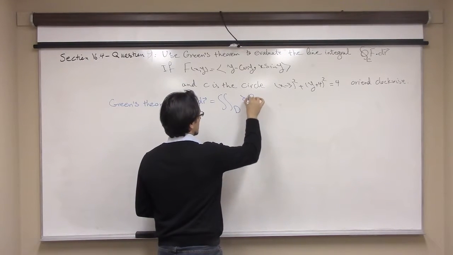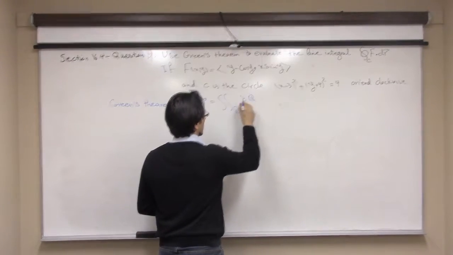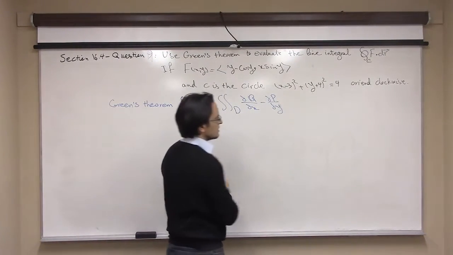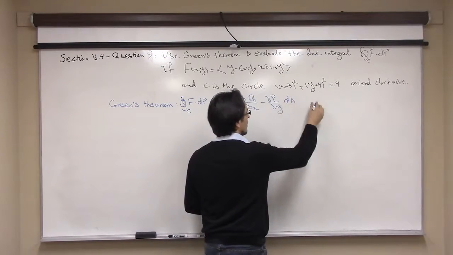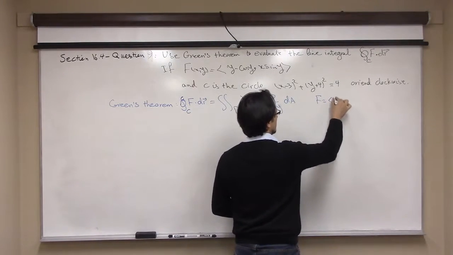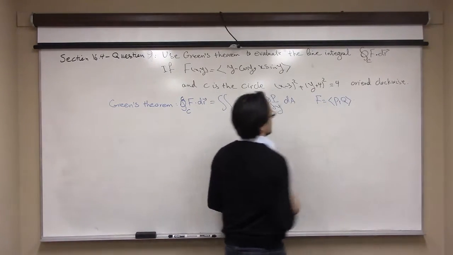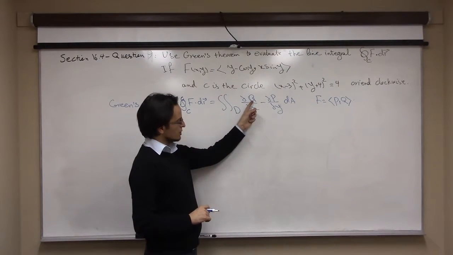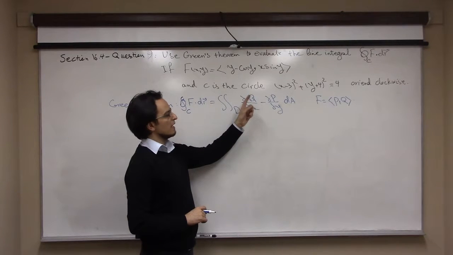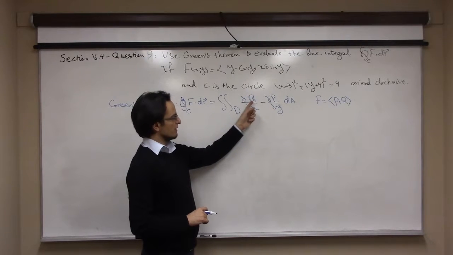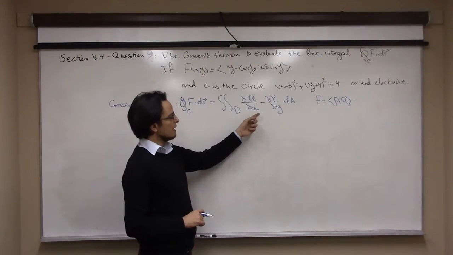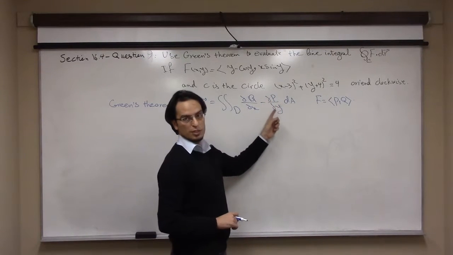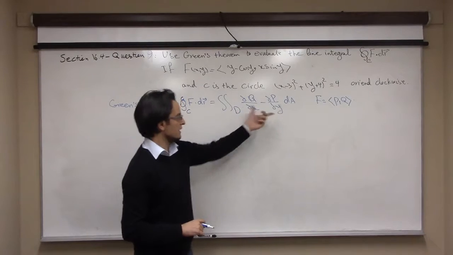If you have that kind of curve, the line integral is going to be equal to a double integral of this integrand, where F is given by P and Q. So we have to find the partial derivative of the second component of the vector field with respect to x, and the partial derivative of the first component with respect to y, subtract them, and then integrate.